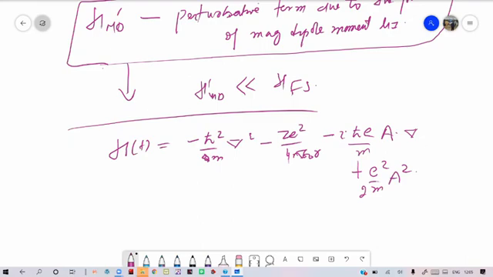Do you remember this expression? Especially these two terms. What is A?